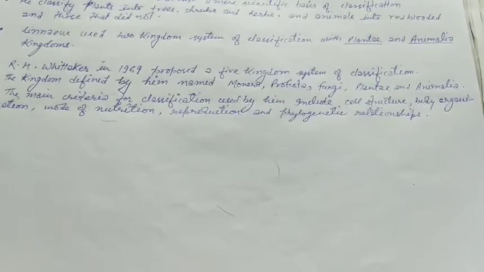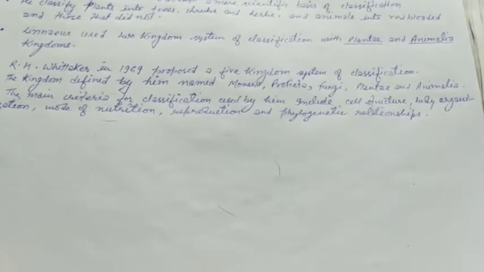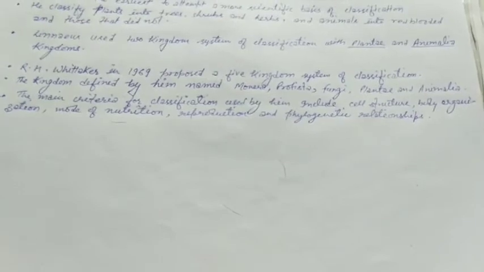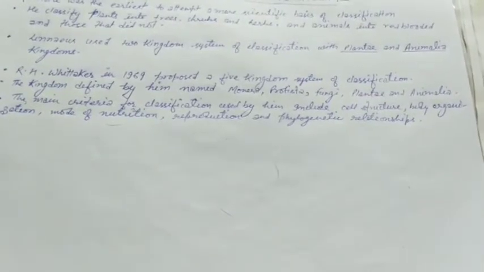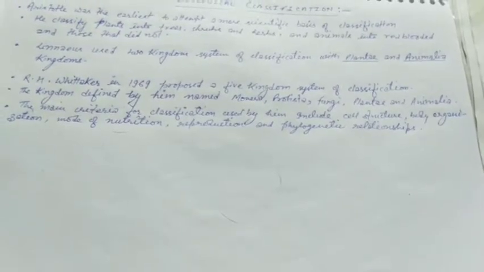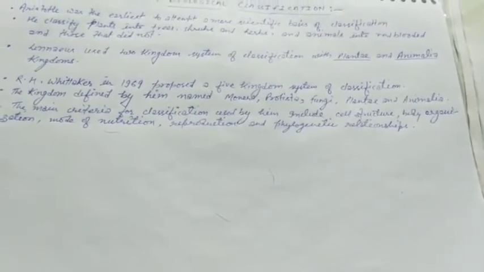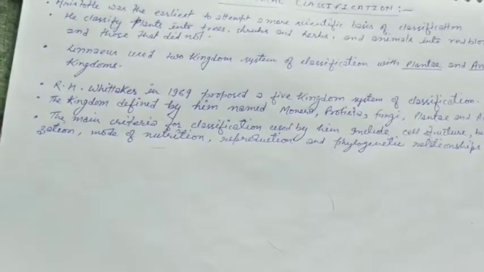And there have been many attempts to classify living organisms since civilization, and there are some very simple systems of classification, like the classification of organisms into two categories, plants and animals. This is the linear system of classification, which is known as the two kingdom system of classification.